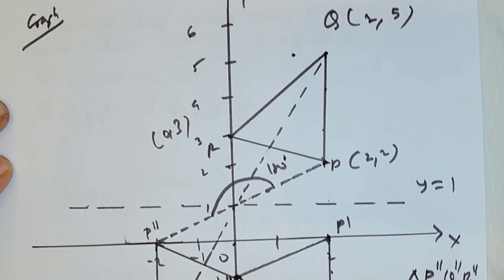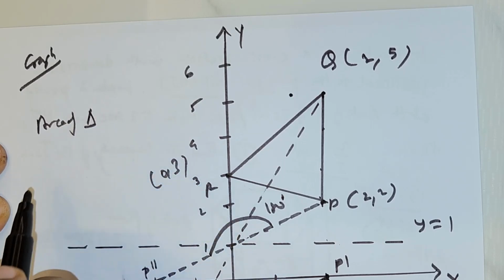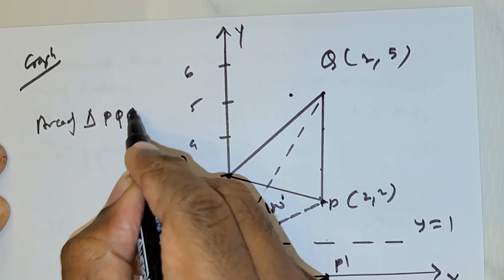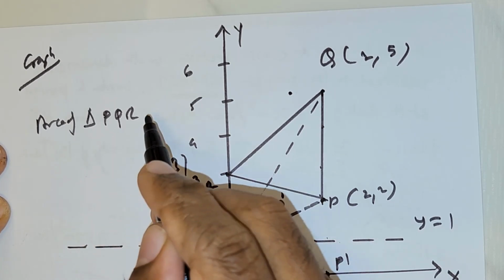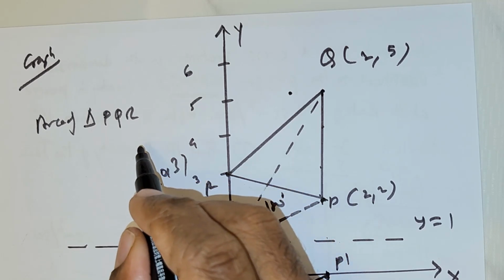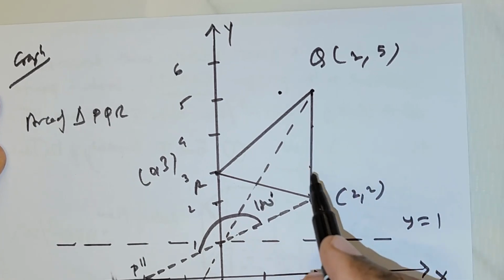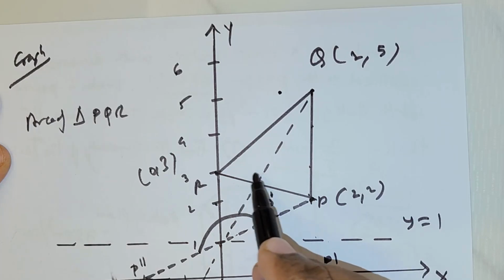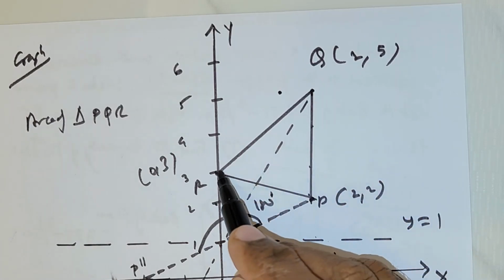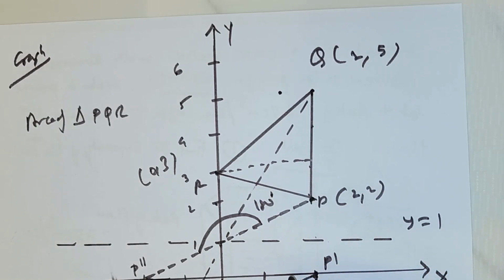Now there is one last part. You are expected to find the area of triangle PQR. Then we will have to find the area of the triangle when the scale factor is increased by 2. Now let us find the area of this triangle. Now for that, this is the base, and let me draw the height. The height is going to be 2 units here, right?